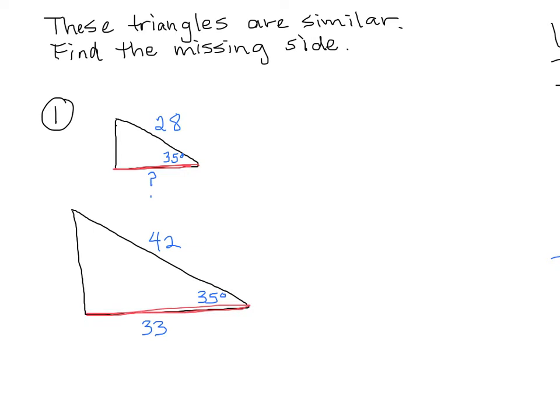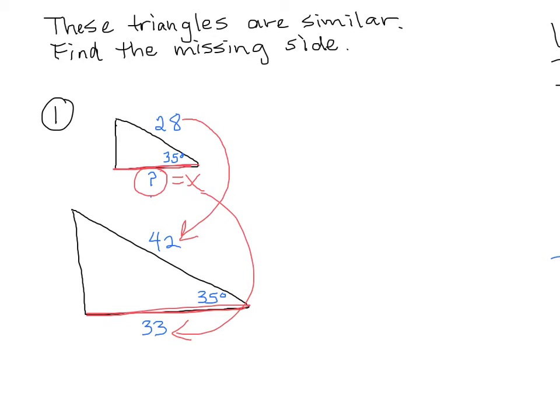Okay, so we know that the side we're trying to find, let's go ahead and call it x, right? It's our unknown. It matches with 33, and then also the 28 side matches with the 42. Those are the corresponding sides.